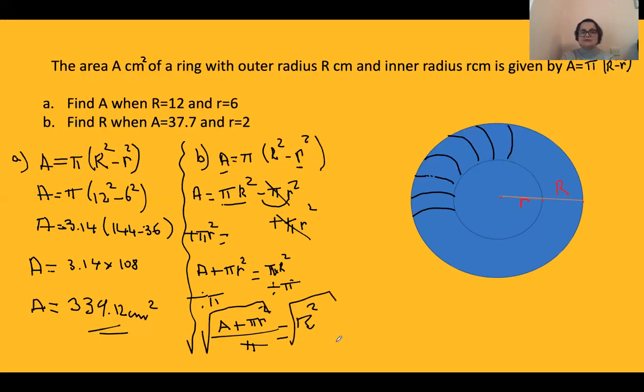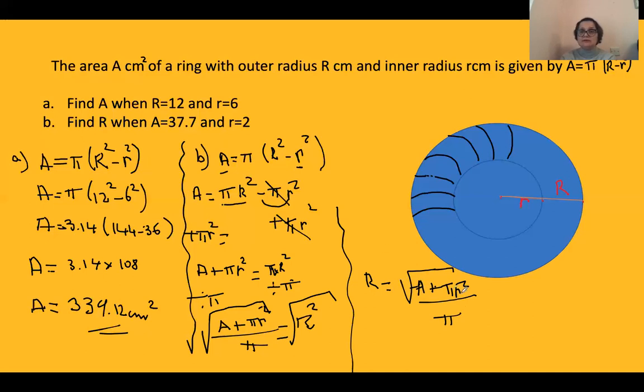I can swap sides now if I want: R equals square root of A plus pi little r to the power of 2 divided by pi, just like that.